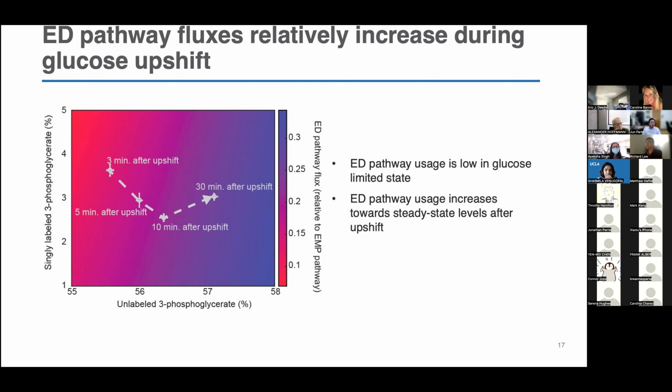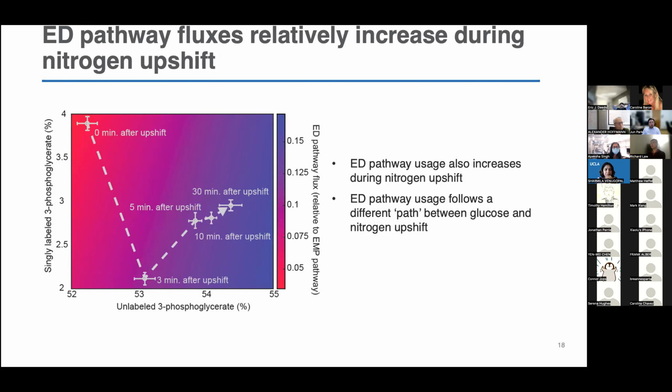Another unique feature that we noticed by mapping it from this biochemical walk, instead of just individual ED pathway fluxes over time, is that when you compare it to the nitrogen upshift condition, the start and ending trends of ED pathway fluxes are similar, in that the ED pathway fluxes relative to the EMP pathway are also initially low in the nitrogen limited state and then reach a steady state value after upshift.